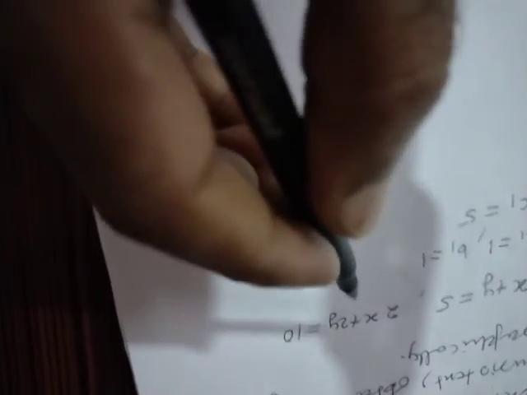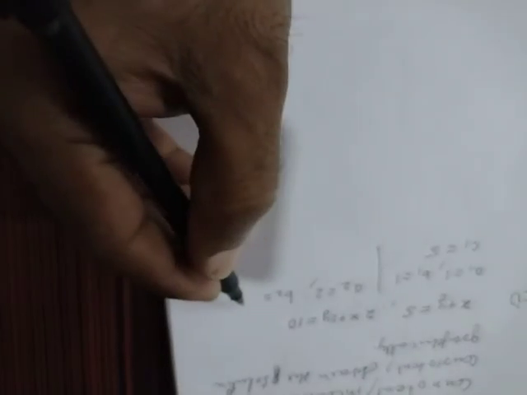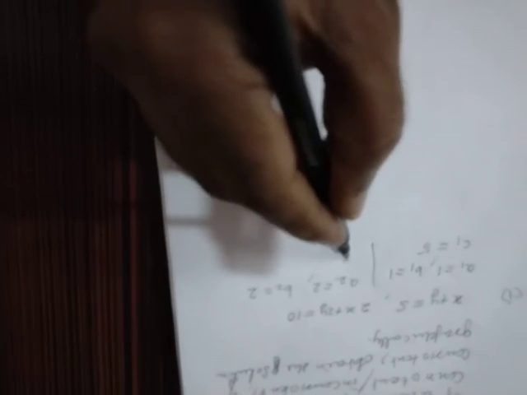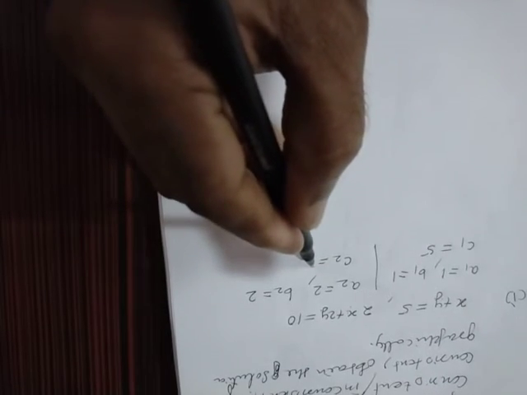Okay. Now in the second equation, the coefficient of x is a2, 2, the coefficient of y in the second equation b2 is 2, and c2 equal to 10.